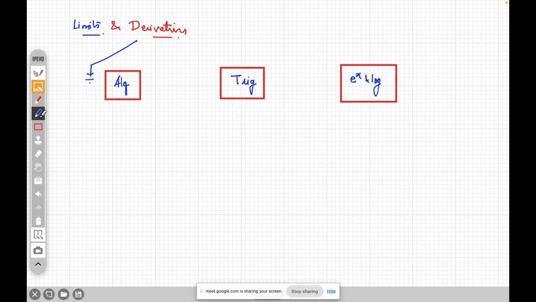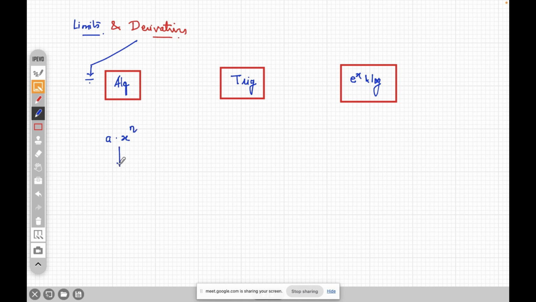For algebraic functions, there is only one formula. If there is a number multiplied with a variable, to the power another number small n, in order to reduce the complexity, I'll write the number as a. A is the coefficient, n is the power.